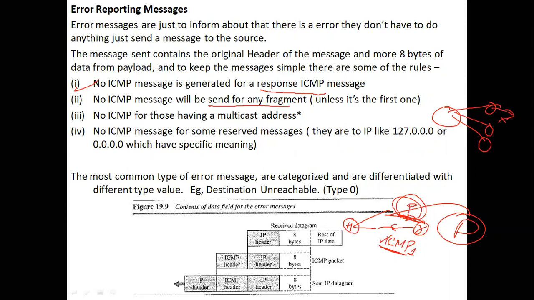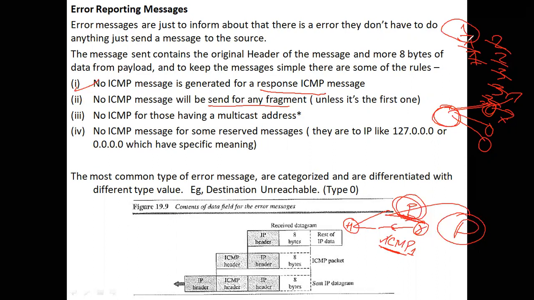But consider the very first message. If you remember the fragmentation video, 1 1 1, 2 2, and 3 3 3. My first message is divided into 1, 2, 3, and 1 is divided into 3, the 2 is divided into 2 more parts, and 3 is divided into 3 more parts. All of these losses will not make any ICMP message go.